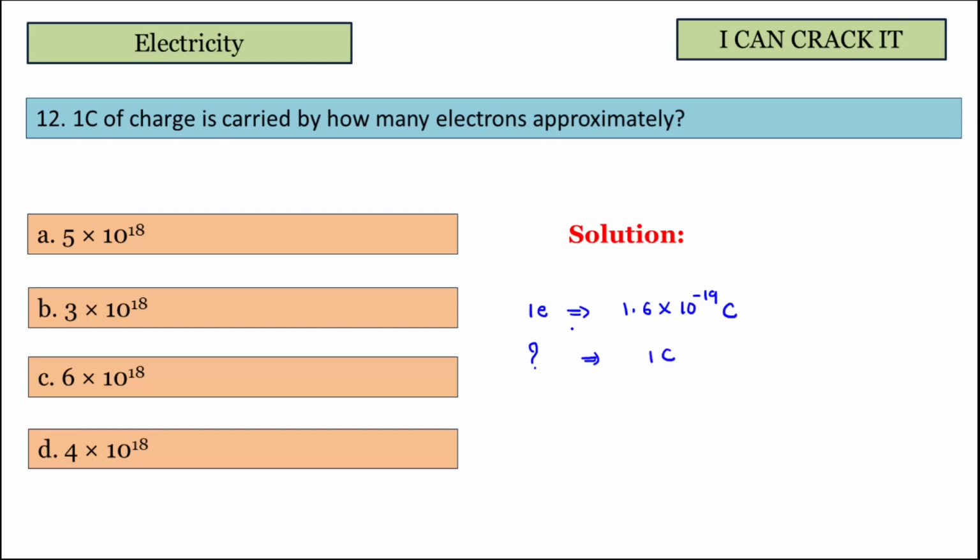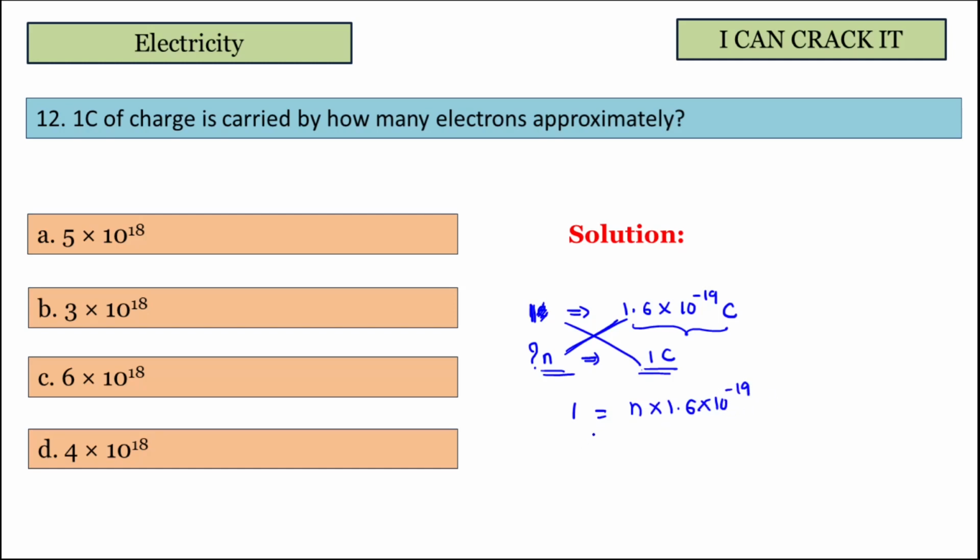If you want, you just cross multiply here. Let's take it as n, n number of electrons. 1 electron has this much charge. How many electrons have 1 coulomb of charge? If you cross multiply, 1 into 1, 1 equals n into 1.6 into 10 raised to minus 19.